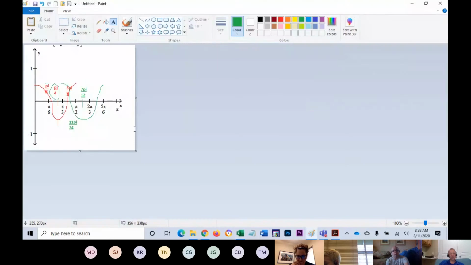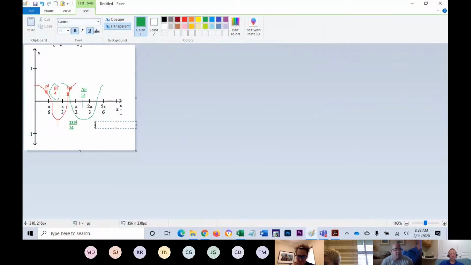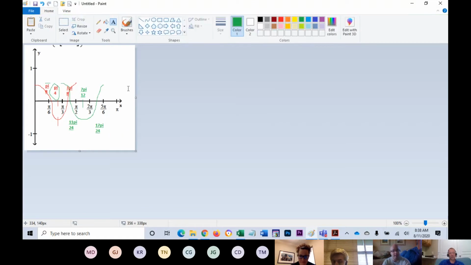One of my questions would be, the second part of that problem is pretty easy, you just do what we just did. But how would I find where the original crosses the x-axis? Because I would be tempted to put the crossing at pi 6 and pi thirds, because that's what was on the chart.